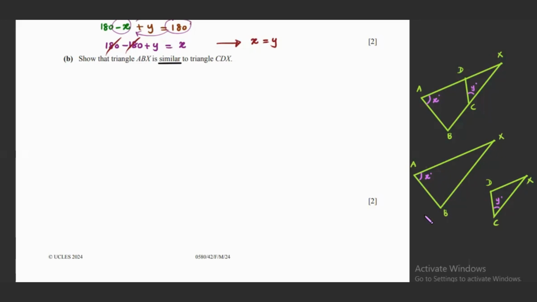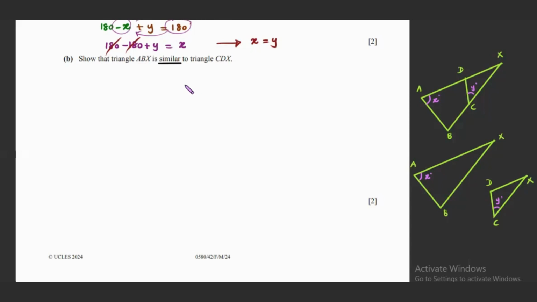If we prove that two angles of one triangle are equal to two angles of the other triangle, then definitely the third angle will also be equal, even if we do not mention it. So we need to prove that at least two of the angles are equal to two of the angles in the other triangle. Then we can say that the two triangles given to us are similar shapes.